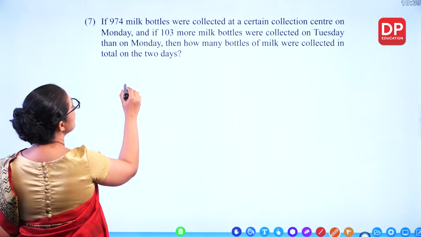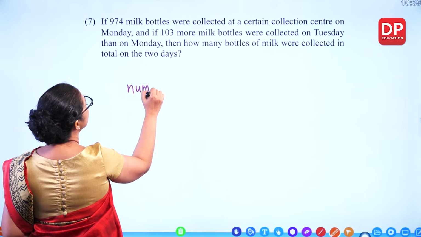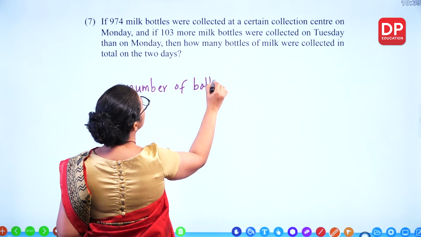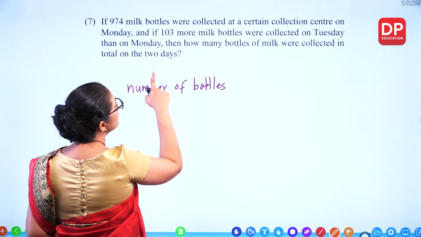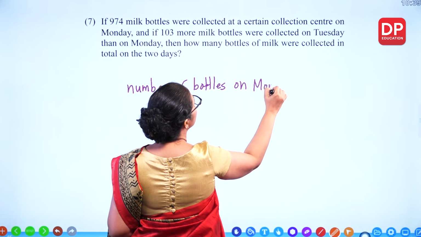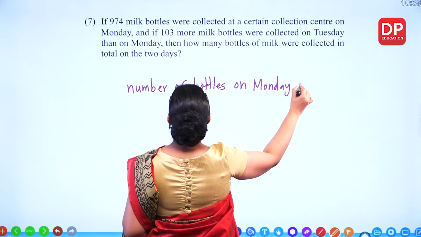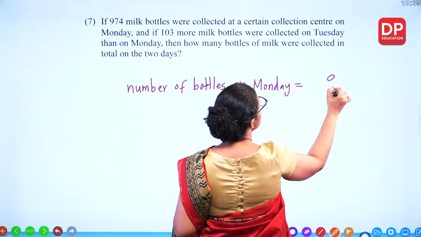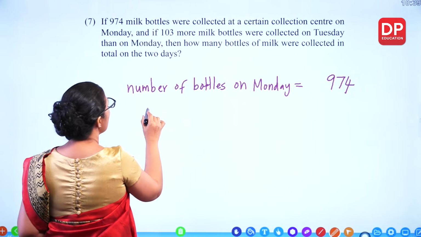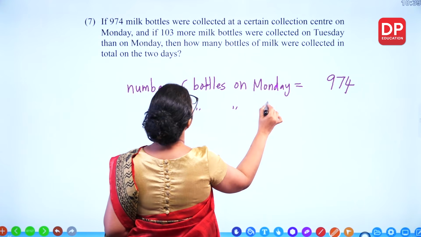So, number of bottles on Monday, that's 974. How do we find out the number of bottles on Tuesday?